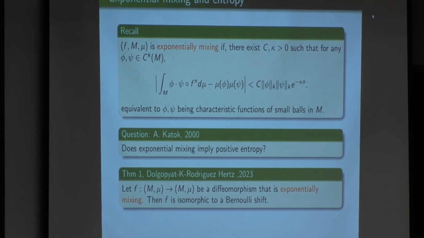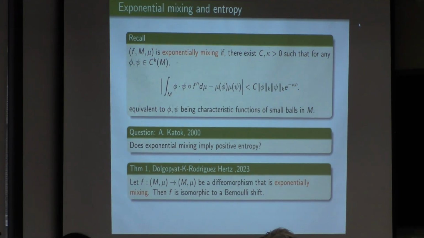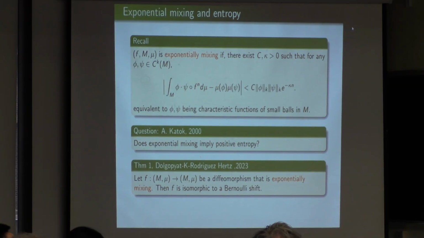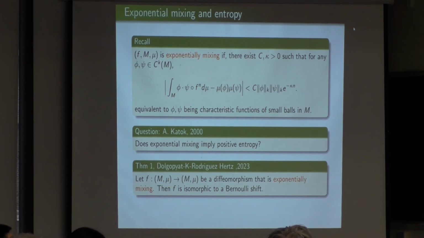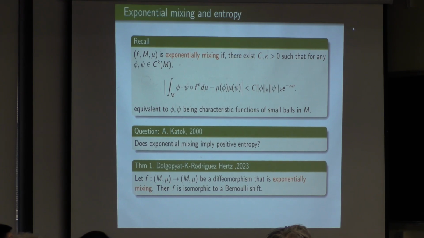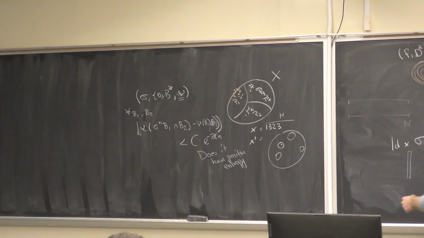In fact, I'm K, I'm Bernoulli. And here we can't really get that, but we have intuition showing that it shouldn't be the case for symbolic systems with exponentially mixing measures. And this system then would be a good candidate.